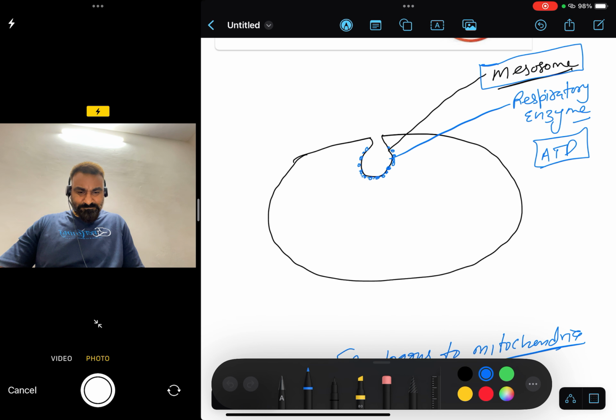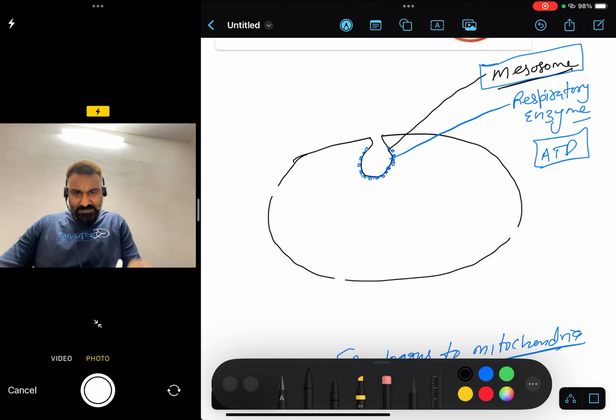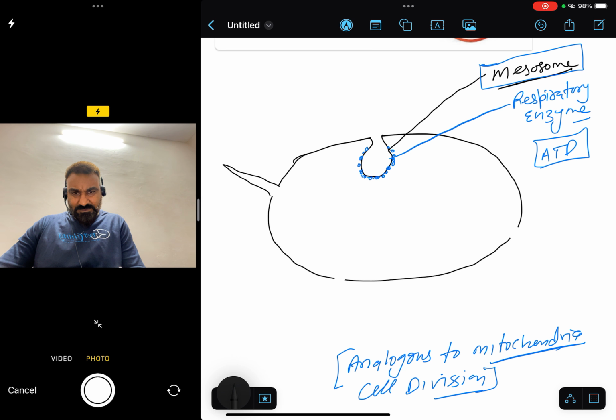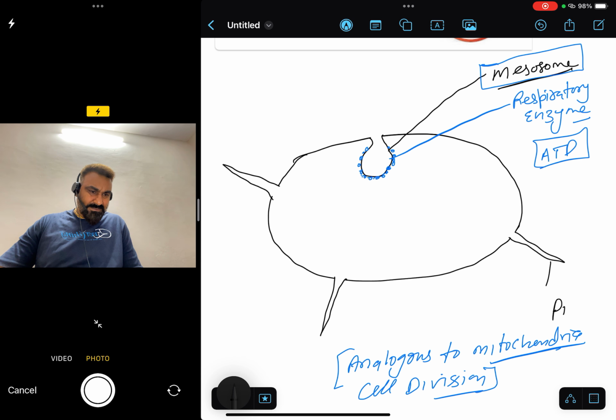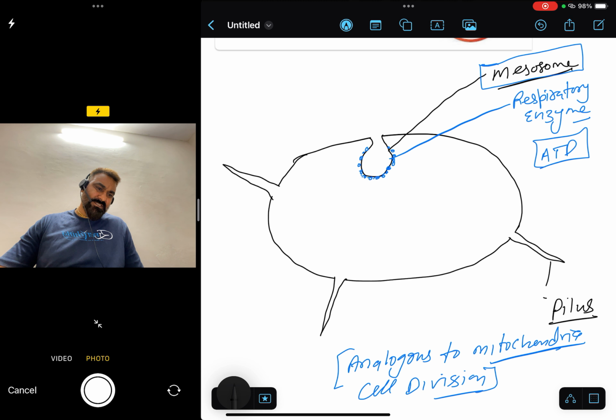Similarly, some outgrowths are also present on this membrane outside. Some outgrowths from this membrane go outside like this, and these structures are known as pilus or pili, meaning hair-like structures, or roams.